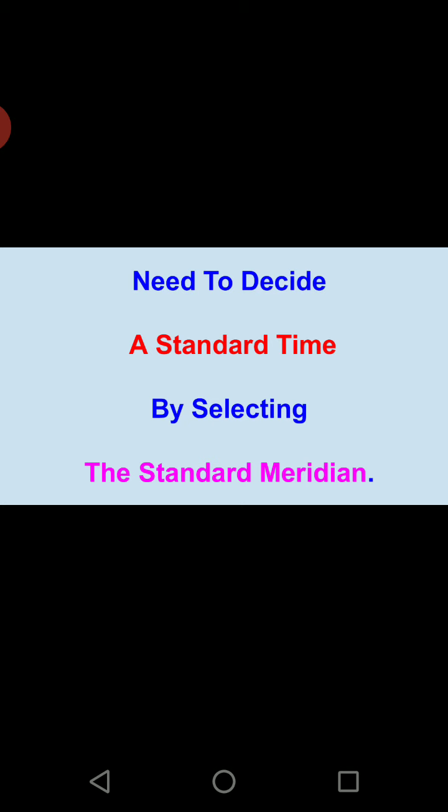So which meridian has India selected? We have selected 82 degrees 30 minutes east as our standard meridian. As shown here, it is located in the center. It is not very much towards Gujarat, nor towards Arunachal Pradesh.